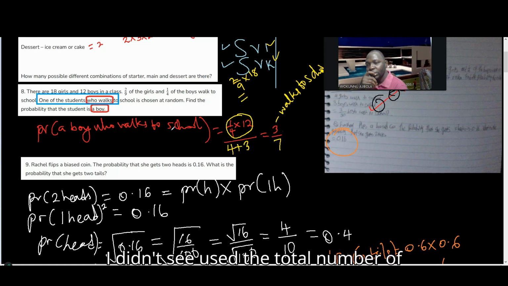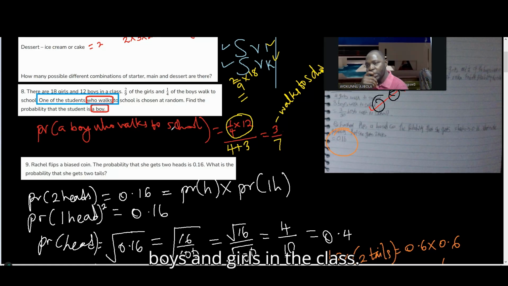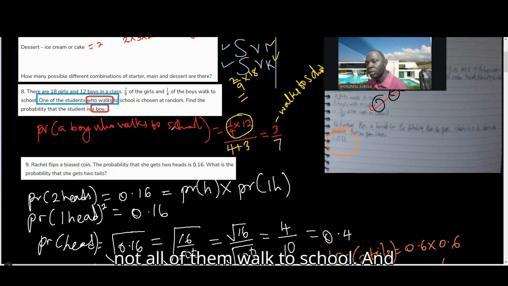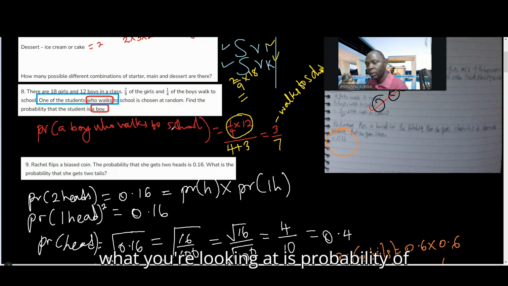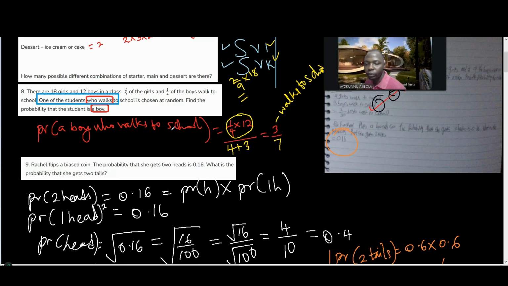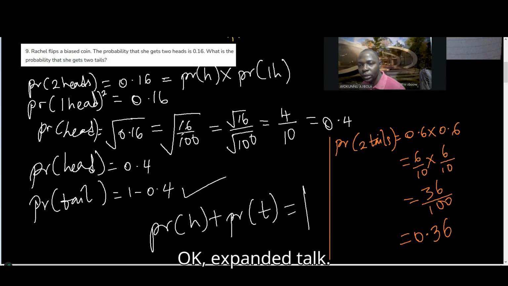Why didn't you use the total number of boys and girls in the class? But some of them walk to school, not all of them. And what we're looking for is the probability of selecting a boy from among the students who walk to school. Okay, explain the third one.